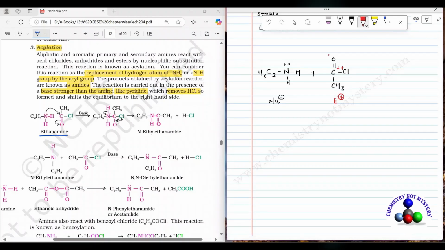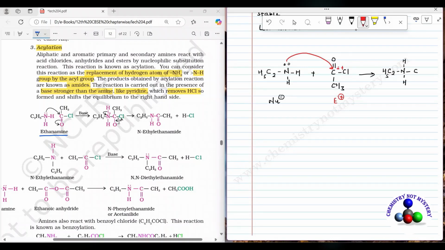So it will undergo nucleophilic substitution reaction. Alkylamine attack on carbonyl carbon by the lone pairs of nitrogen. And here you will get the product. In this product C2H5 group is there and this nitrogen is bonded with two other hydrogens and now it has made bond with the carbonyl carbon.